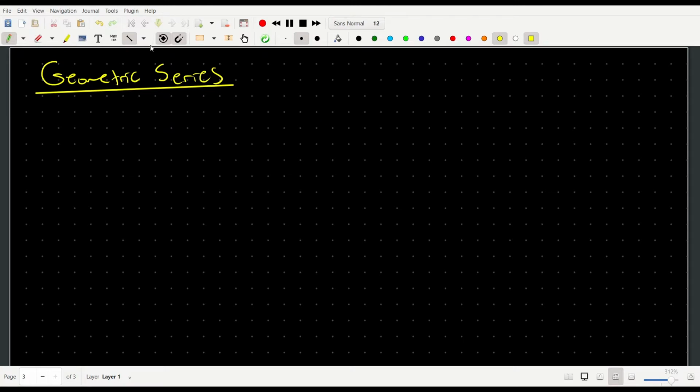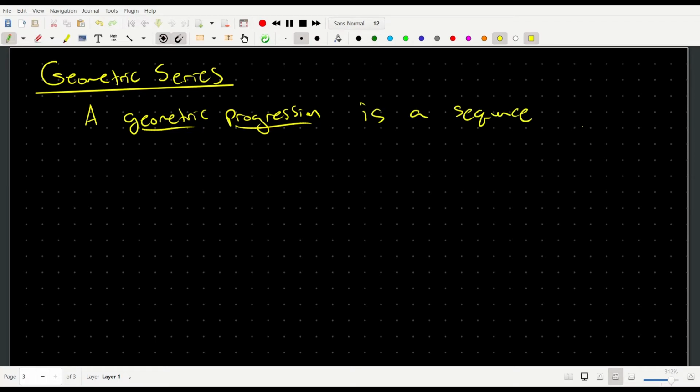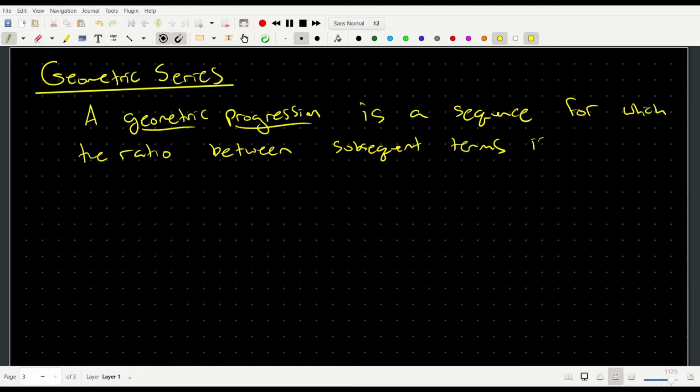In order to do this, I'm going to start by defining what's called a geometric progression. This is a sequence for which the ratio between subsequent terms is constant.